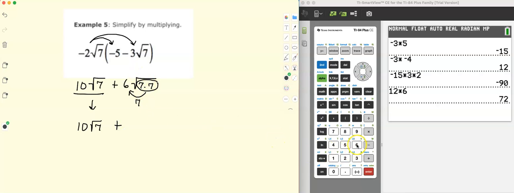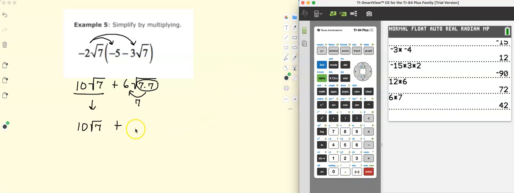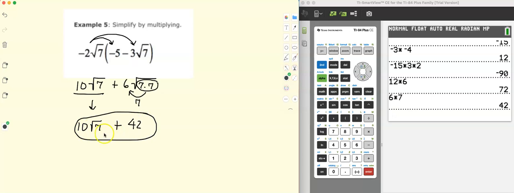If you don't know it, put 6 times 7 in your calculator, not 77. 6 times 7 gives us 42. So over here, I should get plus 42. I can't do anything else with that because I can't combine them together. So this is as simplified as I can get.